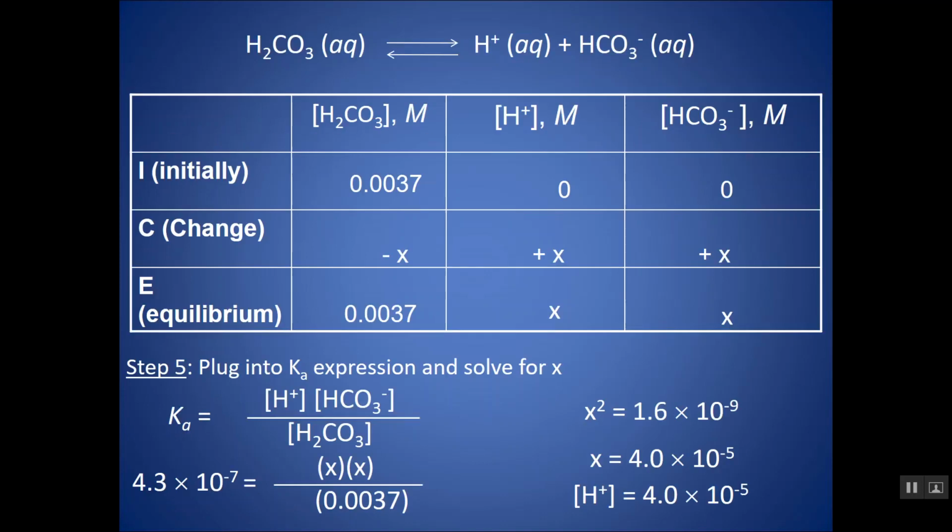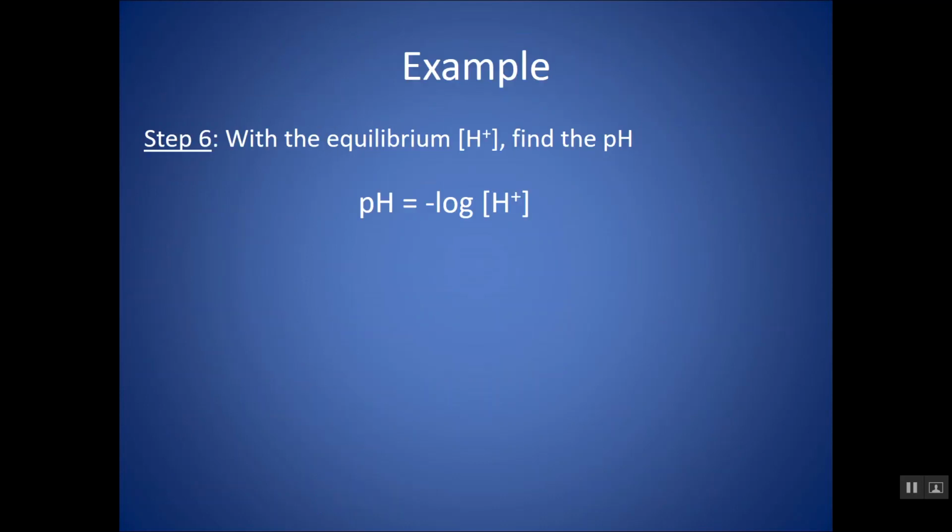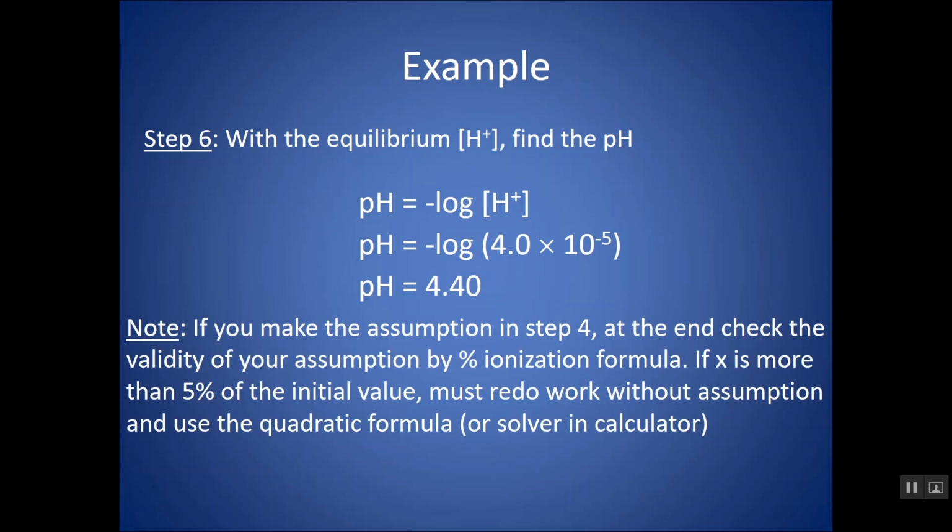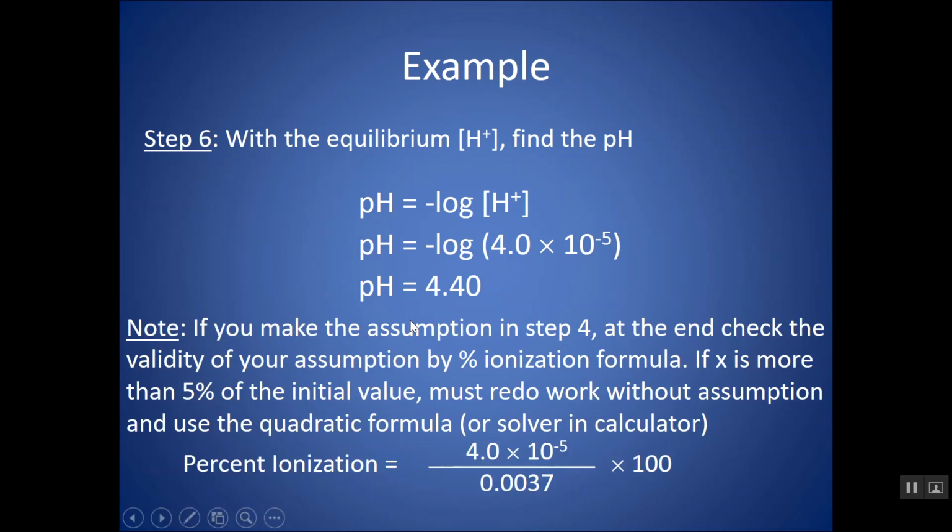I could have plugged right in and solved for H plus using the square root of Ka times the initial acid concentration if I wanted. But either way, once I have my H plus, then I can find my pH. I can also find my percent ionization, and I get 1.1. Hey, that 5% rule worked.